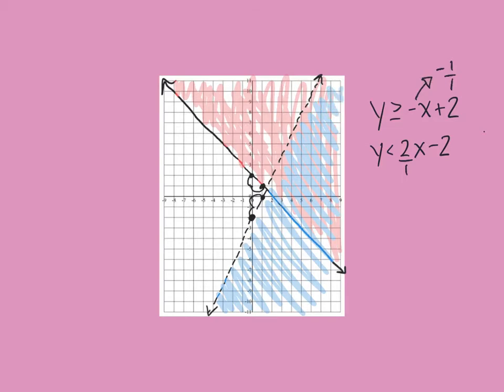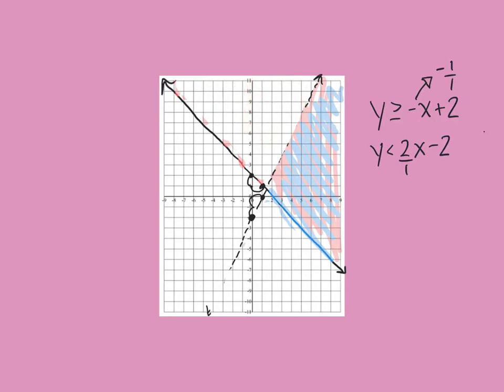So the place where these two solutions overlap is in this section right here. You can see there's red and blue. So our solution to the system of inequalities would be this section right here. So I can actually just go ahead and, oops, I don't want to erase the line, but I do want to erase the shading here.